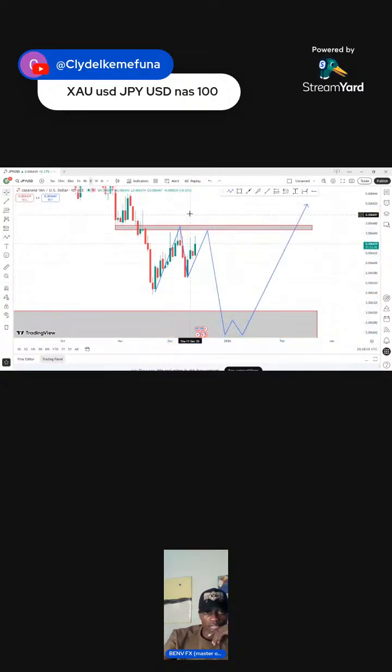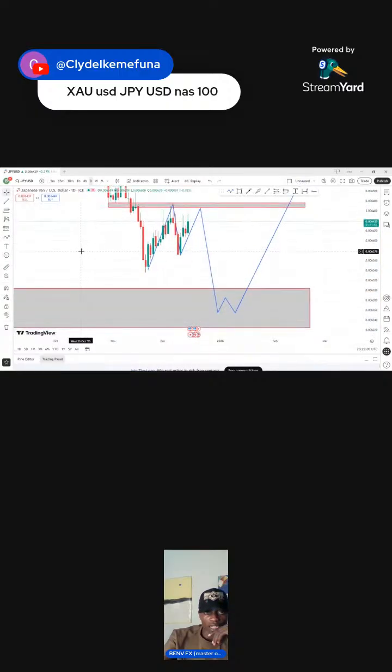This is exactly what I'll be expecting. If the market does not tap this fair value gap on the weekly time frame, there's nothing you are going to do concerning buys.